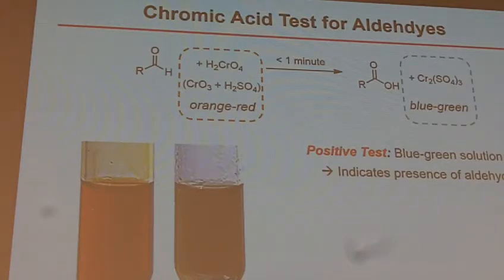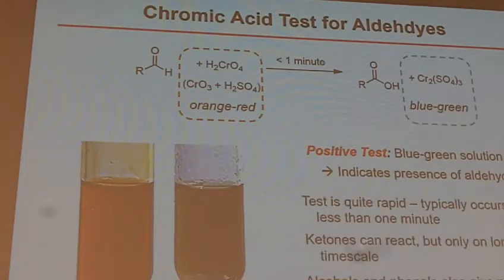Drop it right over the test tube, and don't get any parts of the test tube on the chromic acid itself, okay? Make sure you have gloves on, be really careful with it. You don't want to get it on yourself, and you want to handle it in the hood, all right? If you have questions with this test, make sure you ask your lab professor, okay?